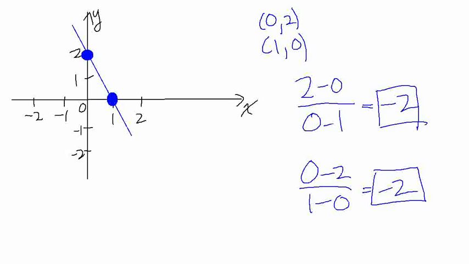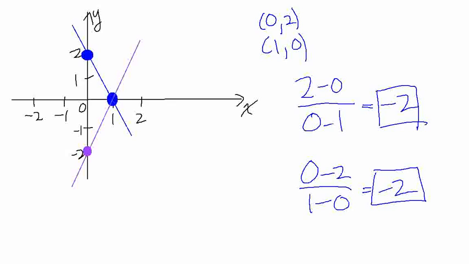Now, let me do another example. Let's put a line this way. Let's find the slope of that purple line. It has the same x-intercept as the blue line, so 1, 0, and it also goes through the point 0, minus 2.